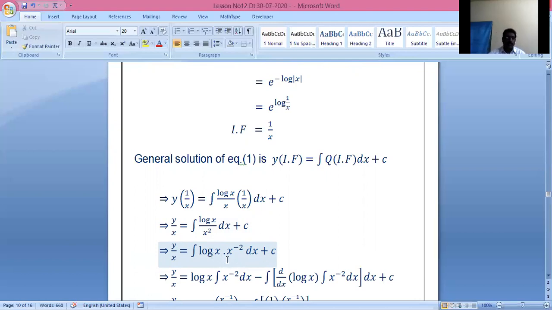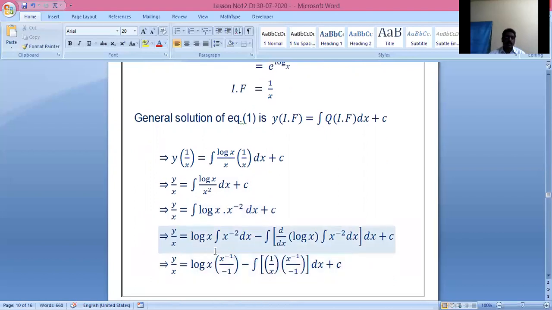Here u and v are functions of x. Therefore, by applying integration by parts, we get log x into integration of x to the power of minus 2 dx, minus integration of d by dx of log x into integration of x to the power of minus 2 dx, into whole dx plus c.